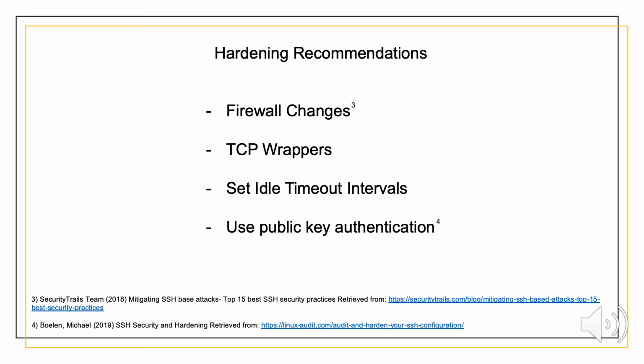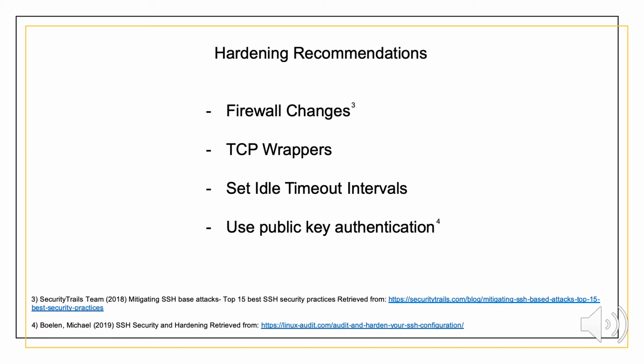The first recommendation I have for you guys is to establish a firewall if not already there, but not only to establish a firewall, but implement rules that only allow SSH communications through a specified port. Most cases this port will be 22, which is the default port for SSH, but you can change it to further your security. We're not going to be doing that in this class, but you can.